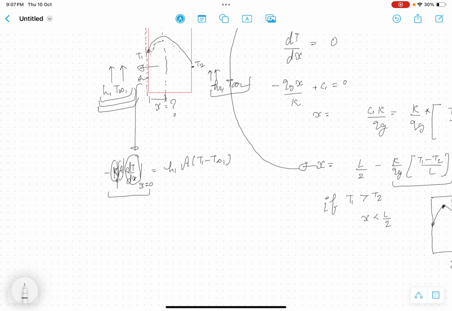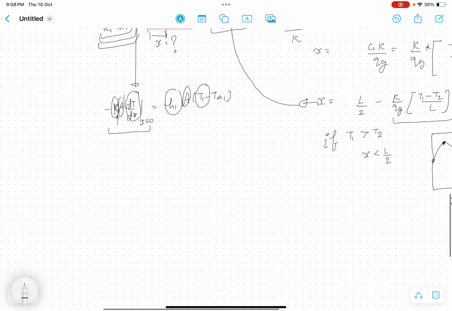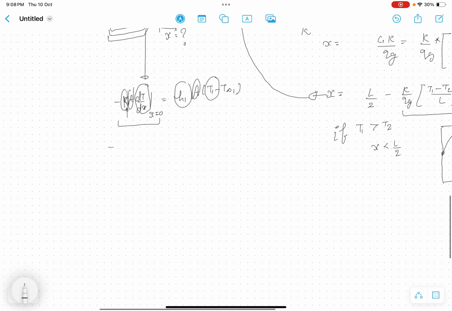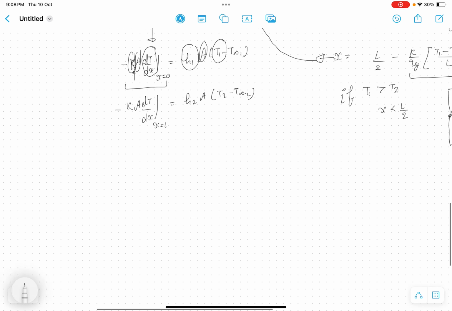We know k and A, all are given. Let's say h1 is also given, so we can find the value of T1. Similarly on the right hand side, minus kA dT by dx at x equal to L equals h2 times A times (T2 minus T infinity 2). So we can find the T1 and T2 values.